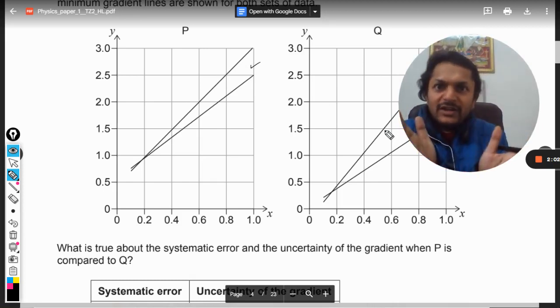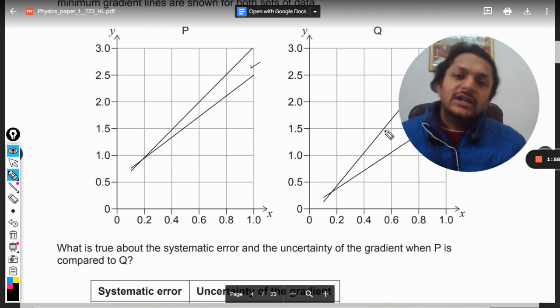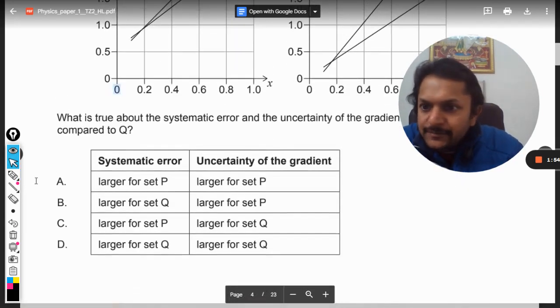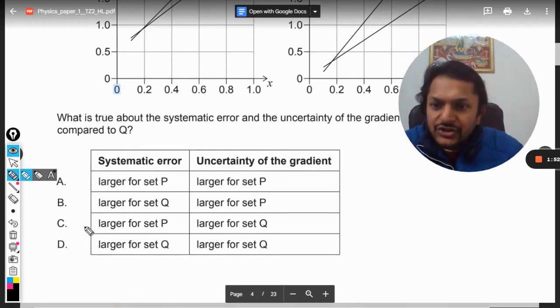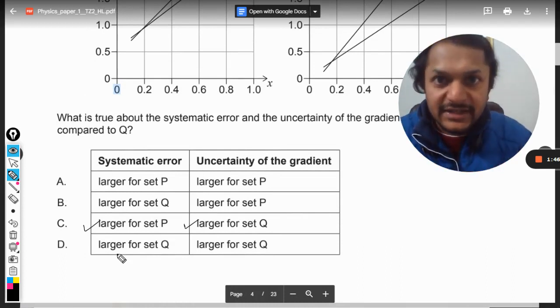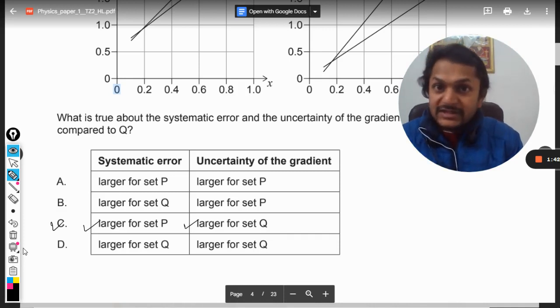Only then would you have more diversified answers for Q. That is why I can say that the systematic errors will be larger in P, and the uncertainty for the gradient will be larger in the set Q. So my dear students, our answer is C. With this, all the best.